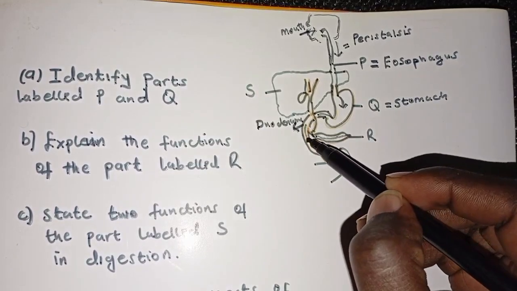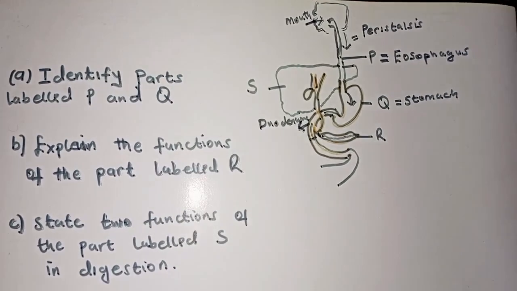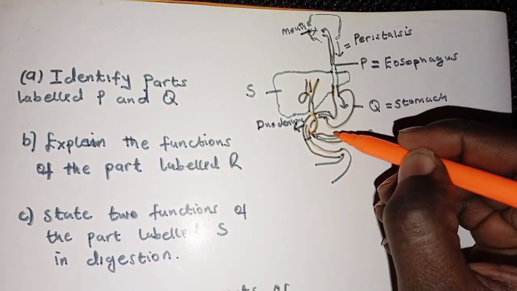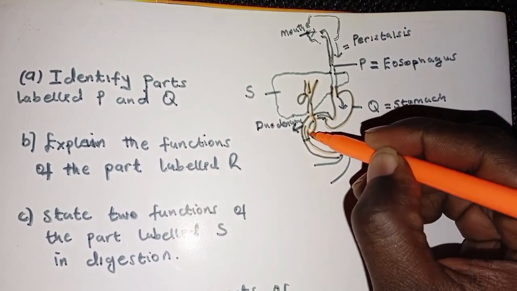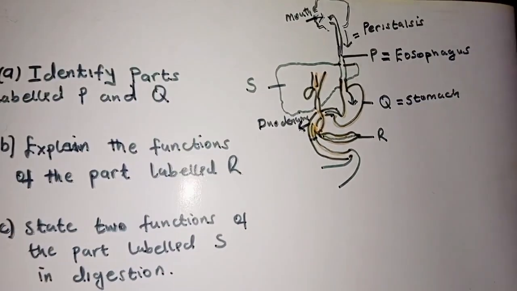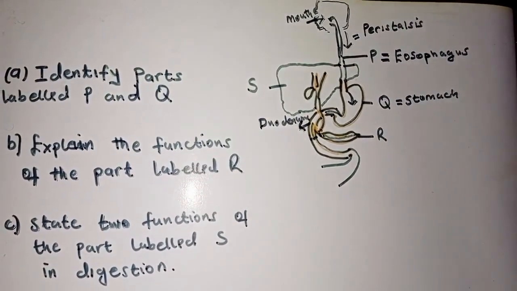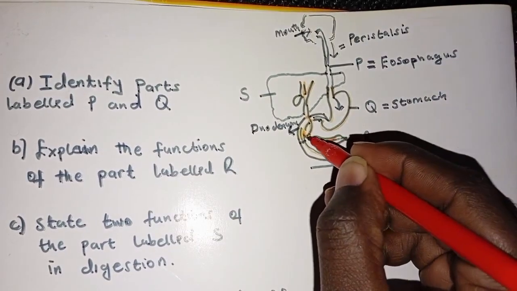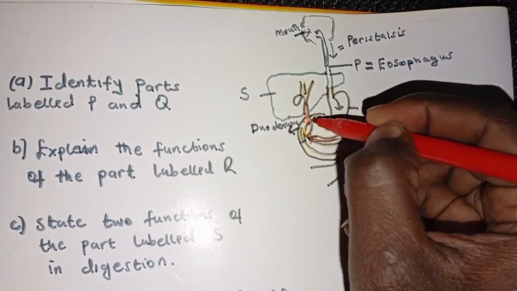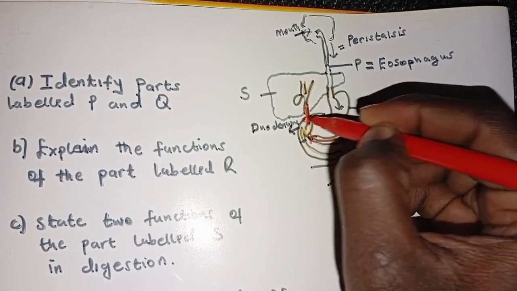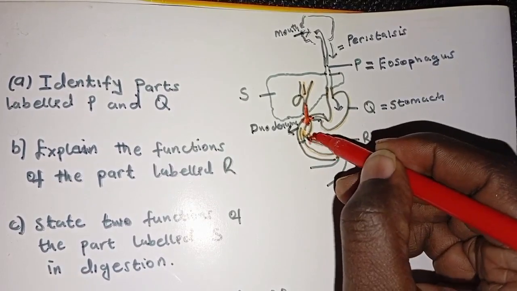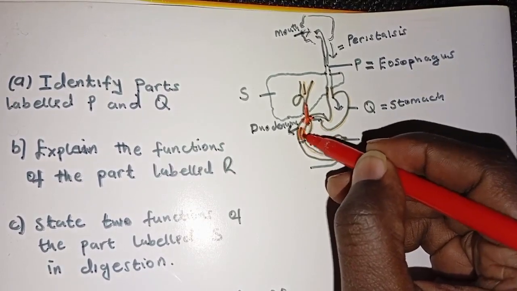Once the food reaches here, it mixes with two things. Here I've tried to show these. Let me get maybe a red ink, so that it will be visible enough. Something will come from this side, and something else will come from this side. You have a fluid that will come from this side to mix with the food there.